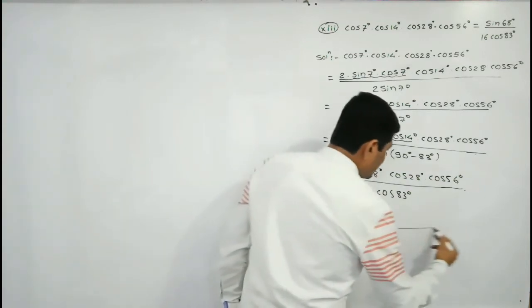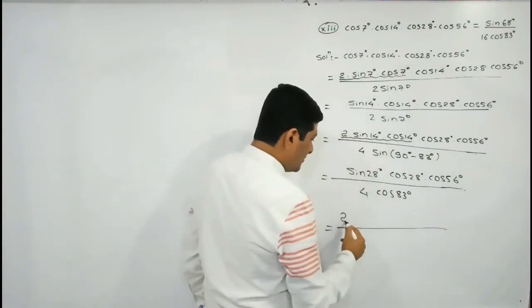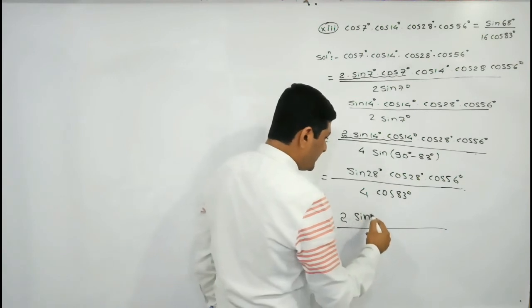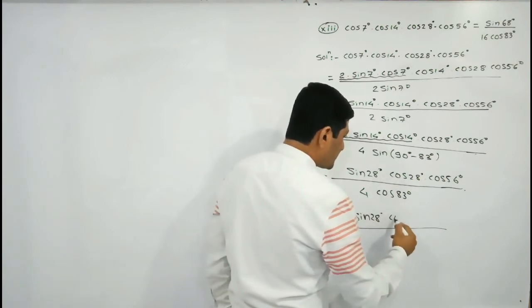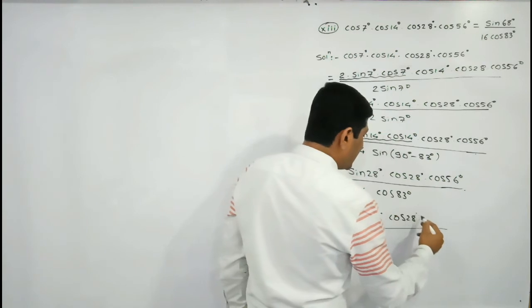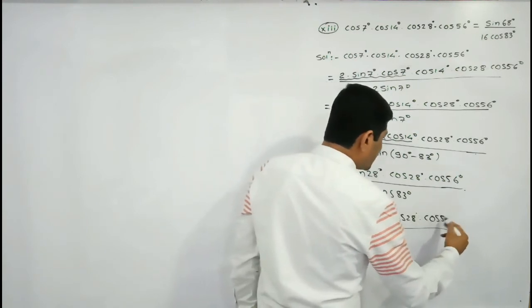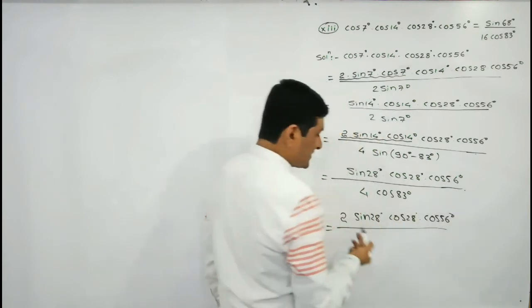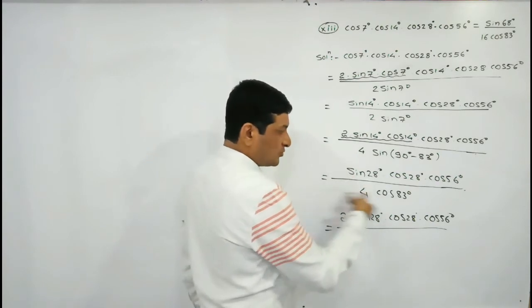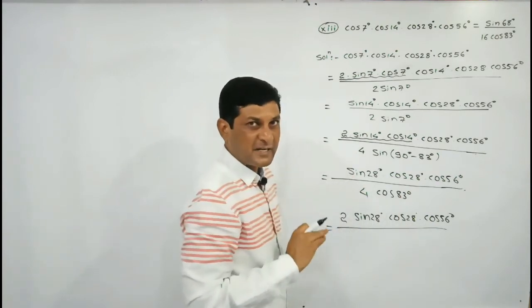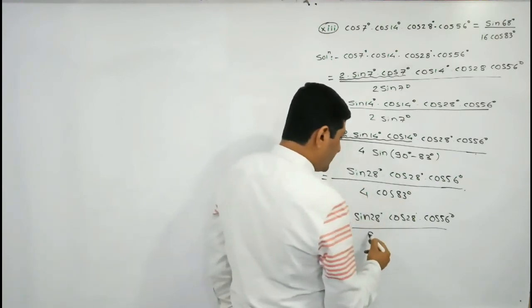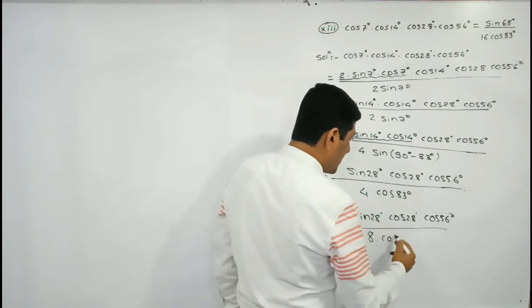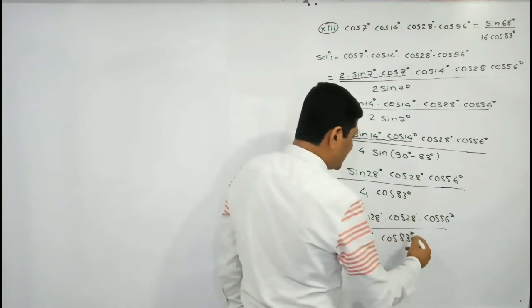If I am multiplying the numerator by 2, we will get 2 into sine 28 degrees into cos 28 degrees into cos 56 degrees. In the denominator, since we are multiplying the numerator by 2, that's why we are multiplying the denominator by 2. Multiply by 2, here we will get 8 into cos 83 degrees.